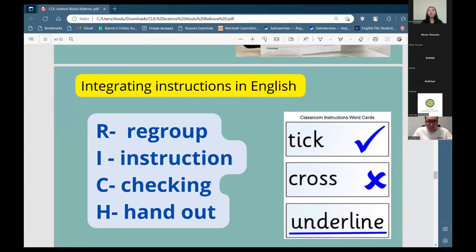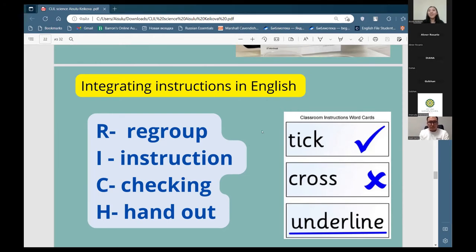And the last thing to do is to give them a handout. If I give the handout or any materials before, they will be distracted by the materials rather than listening to the instructions. So handing out materials is the last thing, even after checking the instructions. I know that most teachers struggle with giving instructions.